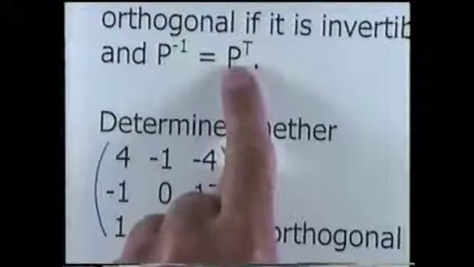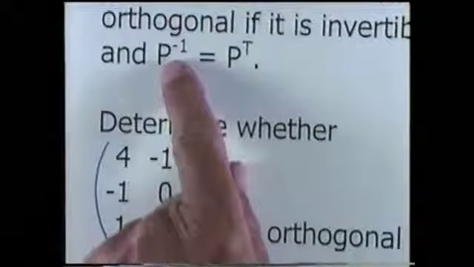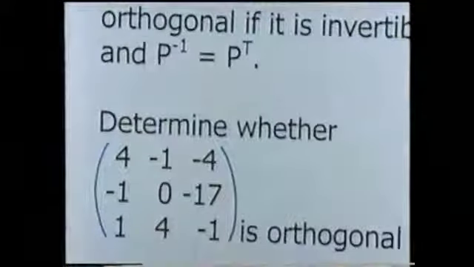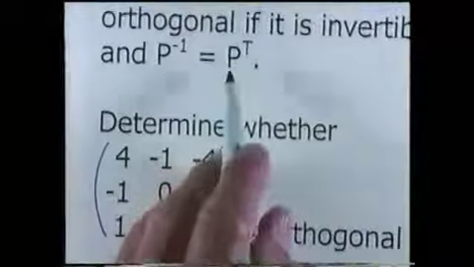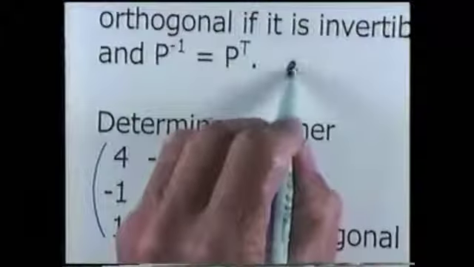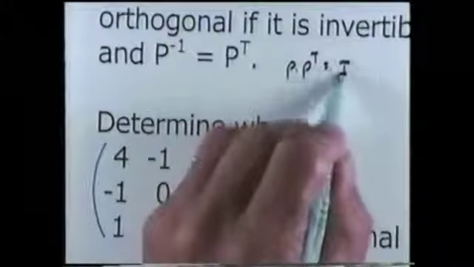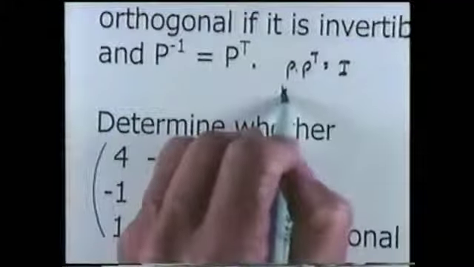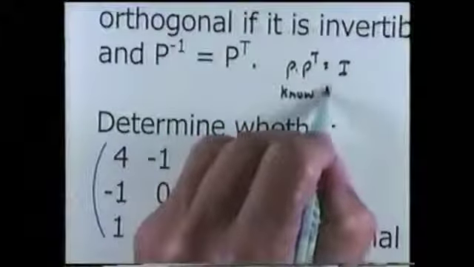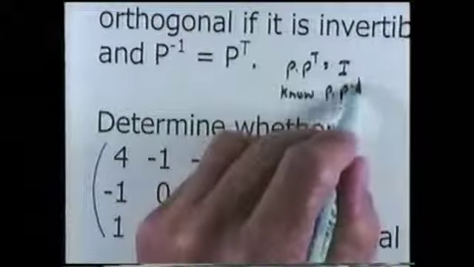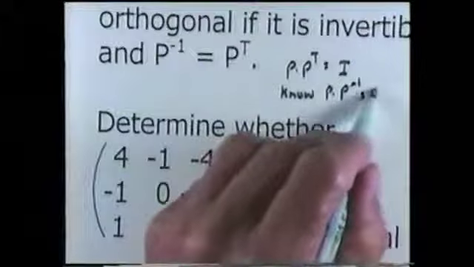Now I had a couple ways of doing this. One way is I could calculate the inverse and see if they were equal. But if P inverse is the transpose, then that would mean that P times P transpose would have to equal the identity. Because we know that P times P inverse is the identity.